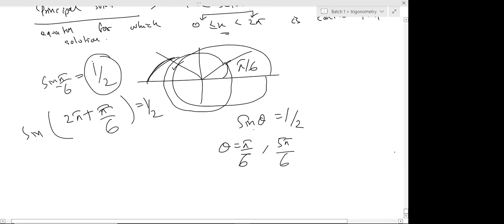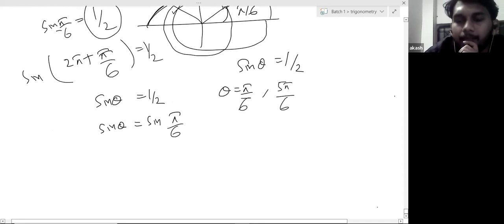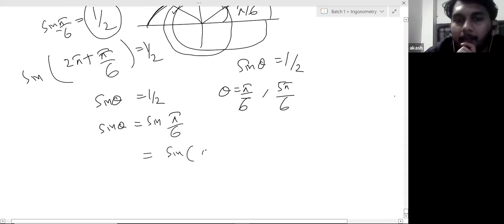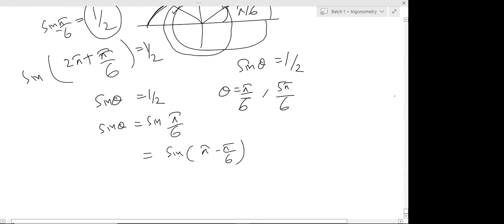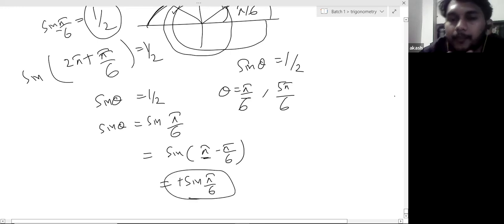So why pi minus pi by 6? Let's see. Sine theta is half, so sine theta is sine pi by 6. Now can I write this sine pi by 6 as sine of pi minus pi by 6? If you use that formula, with pi, sine remains sine. This is pi by 6, and in the second quadrant sine is positive, so we get sine pi by 6.